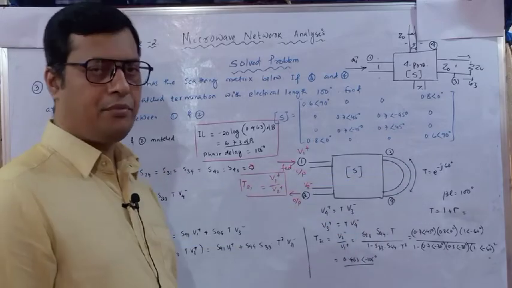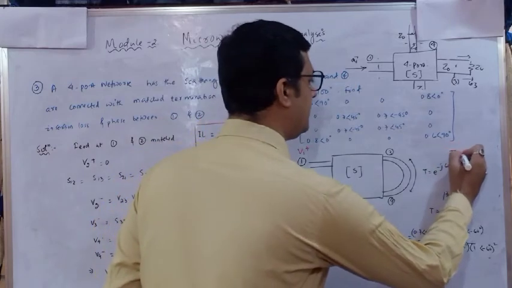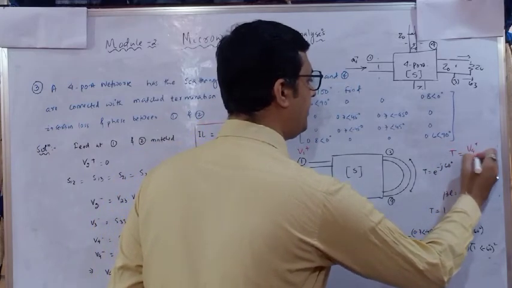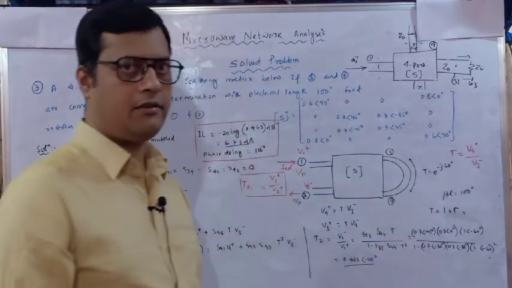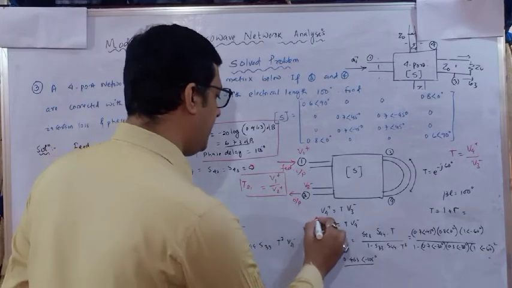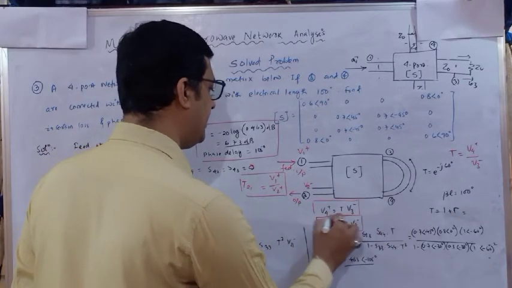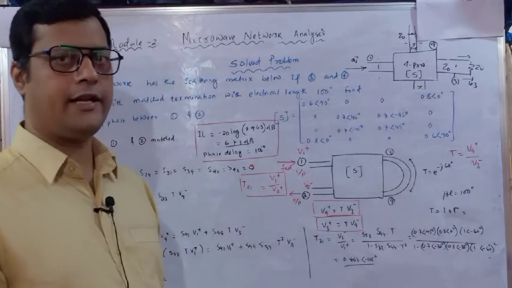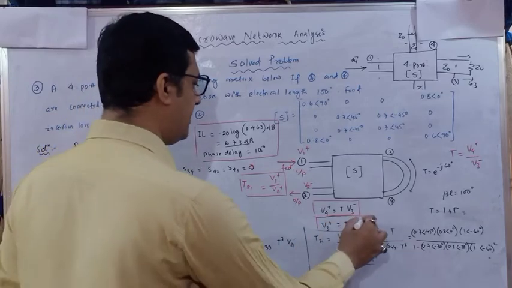Transmission coefficient means V4 plus by V3 minus. So if you take this V3 minus, you will get your V4 plus. So V3 plus is equal to V4 minus, and V4 plus is equal to T into V3 minus; either one you can write. We will use this particular part.